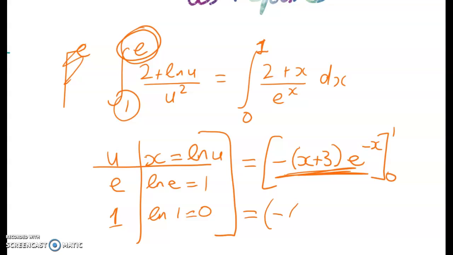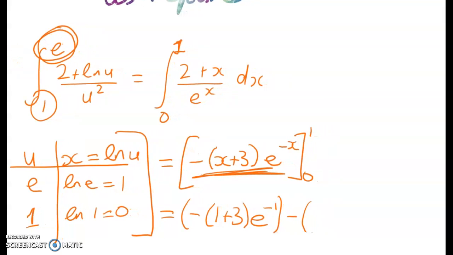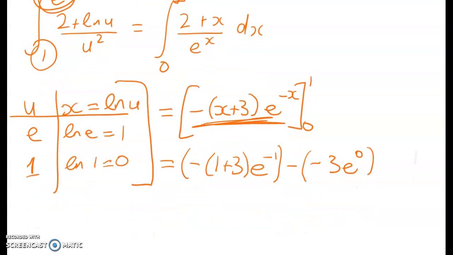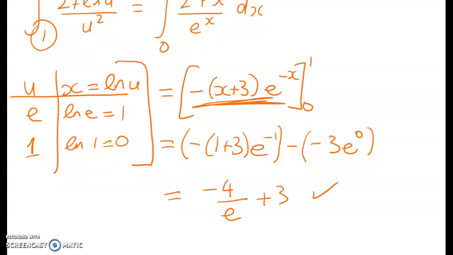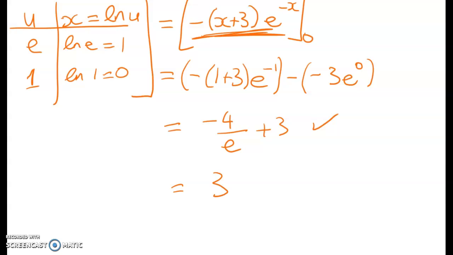Well, I get negative 1 plus 3 times e to the negative 1 minus negative 3 times e to the power of 0. That gives me negative 4 over e plus 3, or more nicely written out, 3 minus 4 over e.